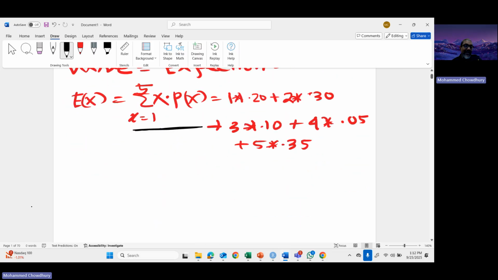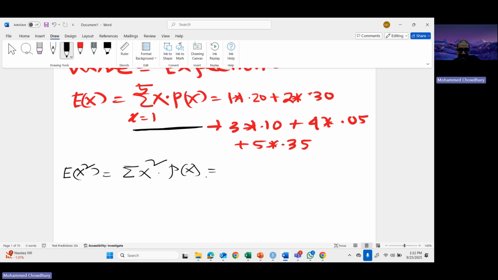Now I want to find the expectation of x square, the expected value of x square, which is the sum of x square times probability of x.